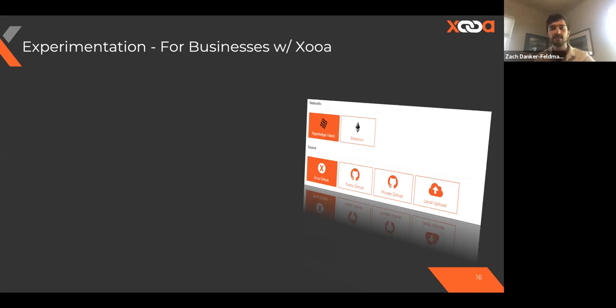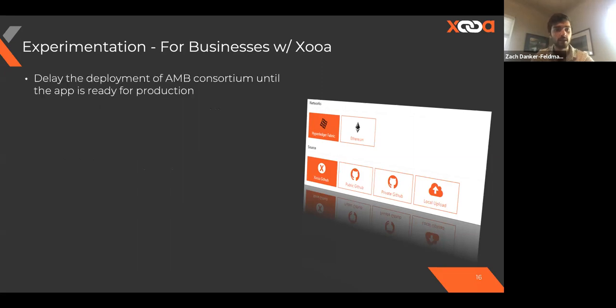For businesses engaging in the experimentation phase using the Xooa platform, first off, when app developers use Xooa's platform, they can delay the deployment of the consortium until the app is ready for production. This already removes a major early stage obstacle.